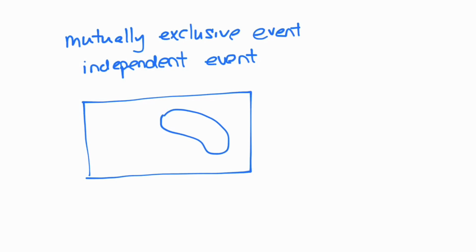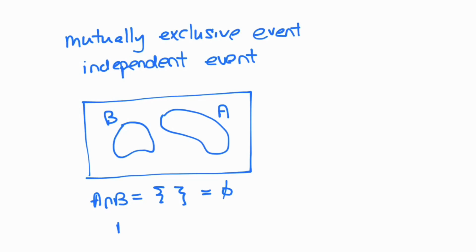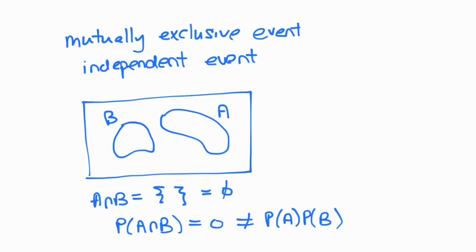So let's say this is event A and this is event B. In this case, A intersect B is empty, which can be written this way or this way. And so therefore the probability of A intersect B equals 0. Now note that this is not the same as the probability of A times the probability of B. And so A and B are not independent when they are mutually exclusive.